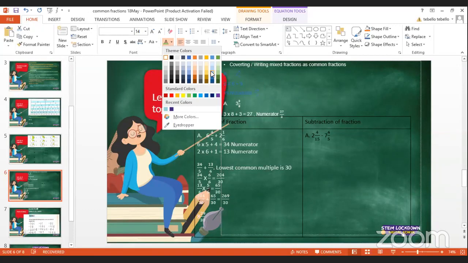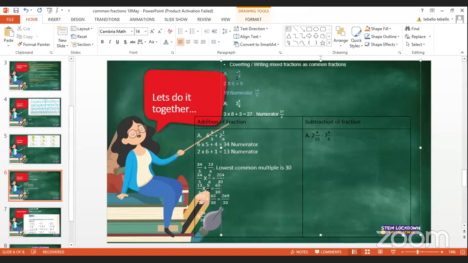Let's give it a powder blue color. So here's our number A. Here's our mixed fraction right here. Our mixed fraction is 2 and 6 over 9.